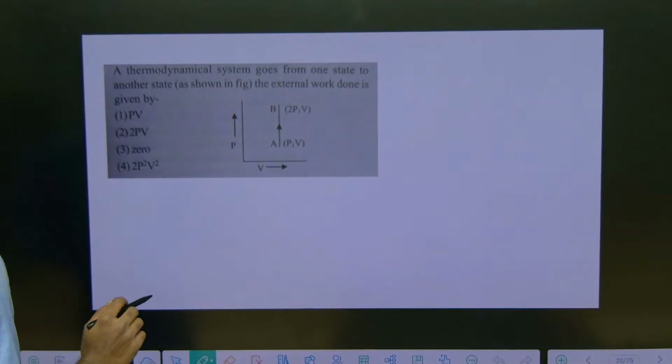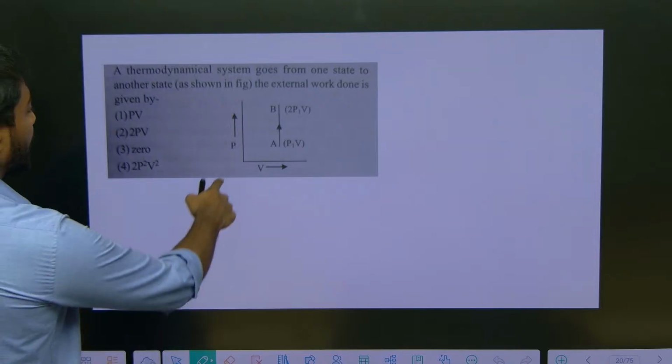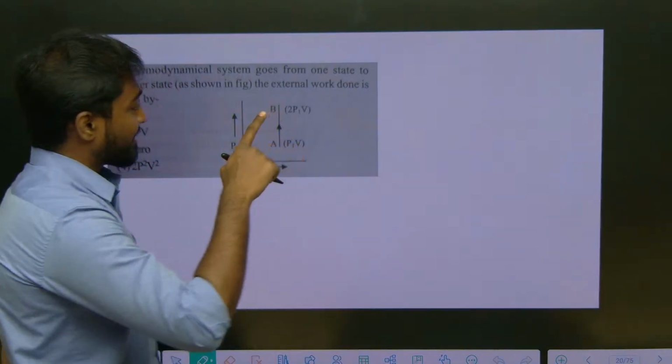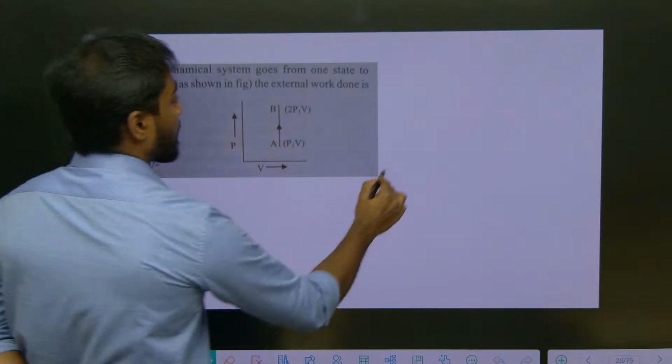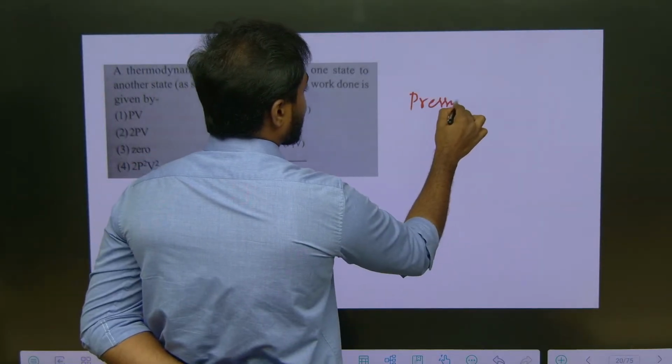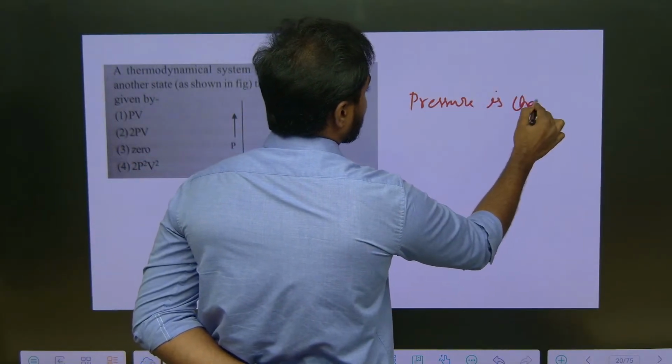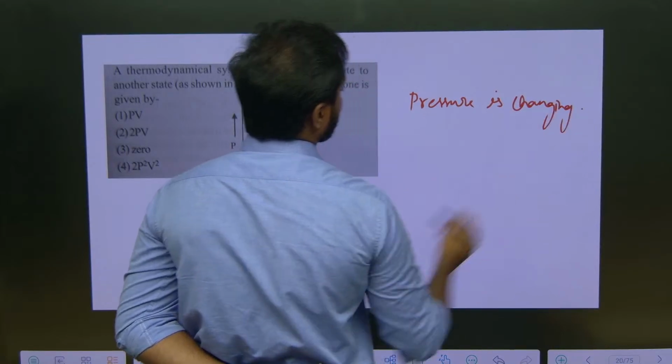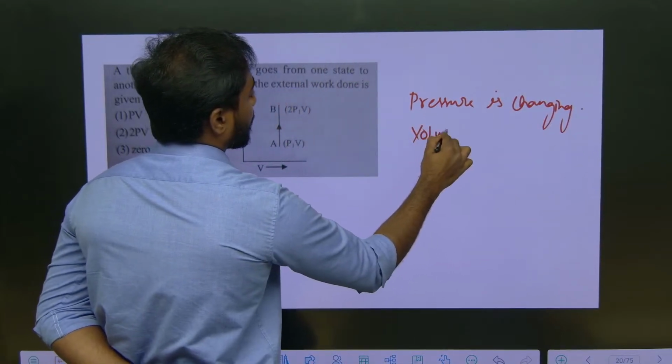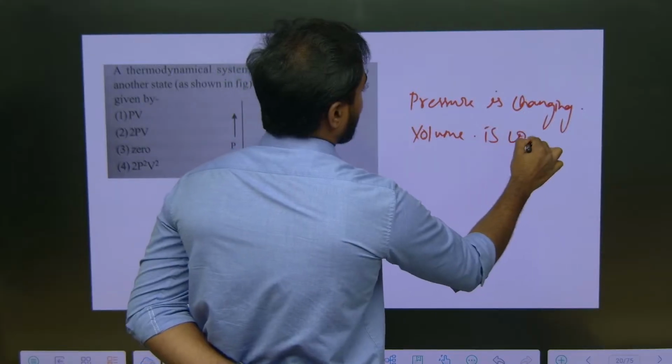Thermodynamic system goes from one state to another state, the external work done will be. So here if you see, pressure is changing. Volume is constant.